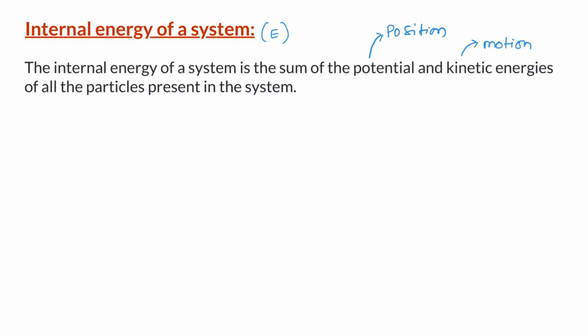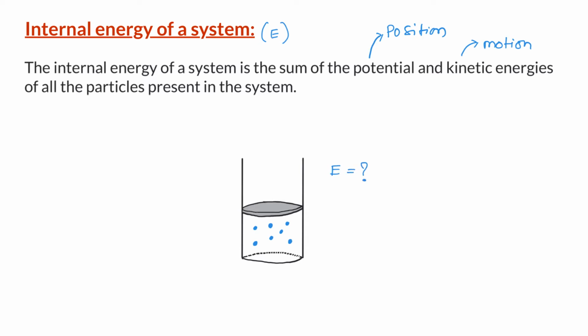Let us say we have a sample of ideal gas in a rigid cylinder with a movable piston, and we need to measure the internal energy of this system. It is very difficult to measure the absolute value of internal energy, as there are several particles in the system and each particle has several protons, electrons, and neutrons inside them.